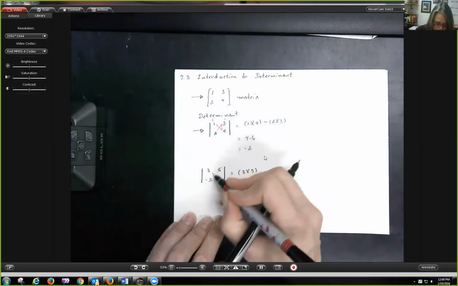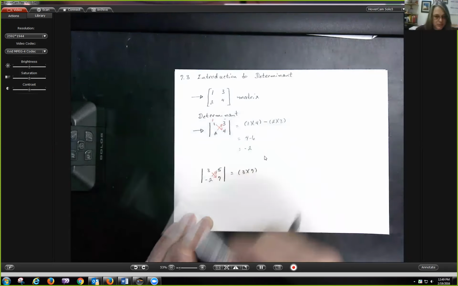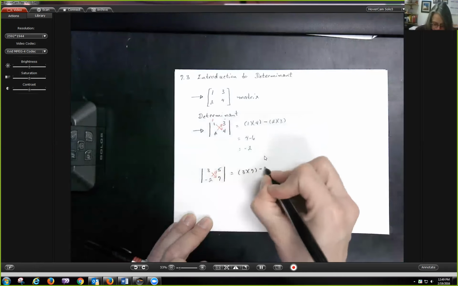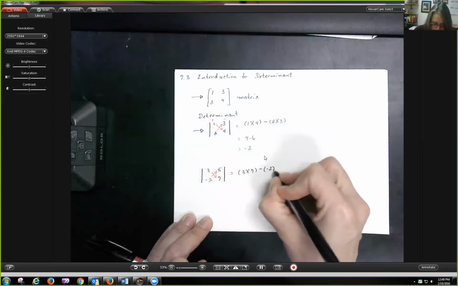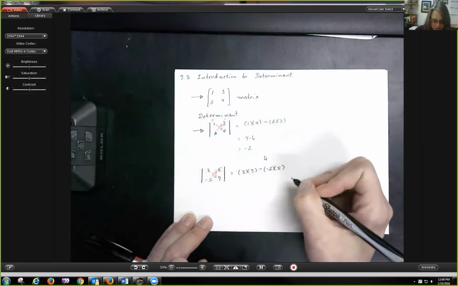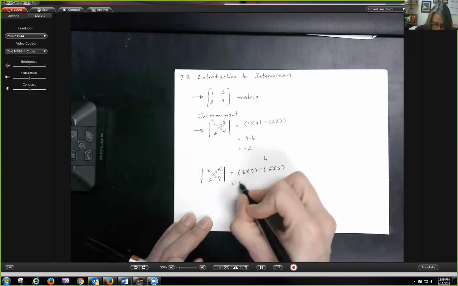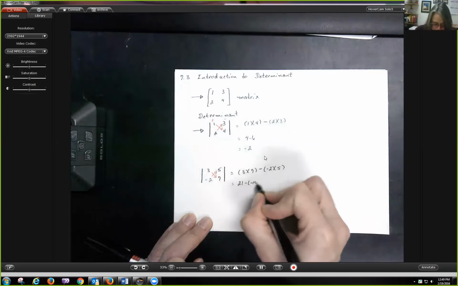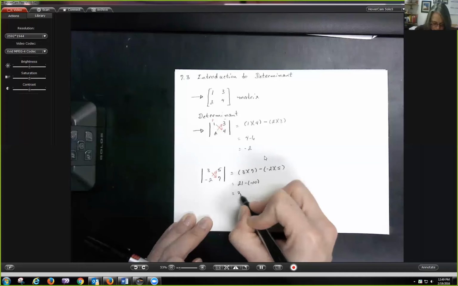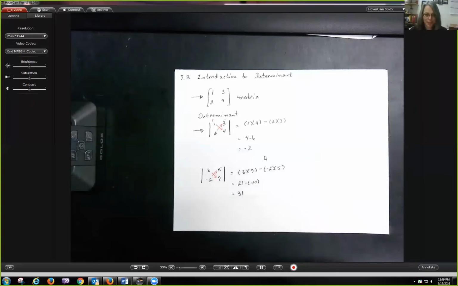And then we subtract the upwards diagonal. Which will make it 21 minus a negative 10, or 31. All right. 2 by 2s are simple.